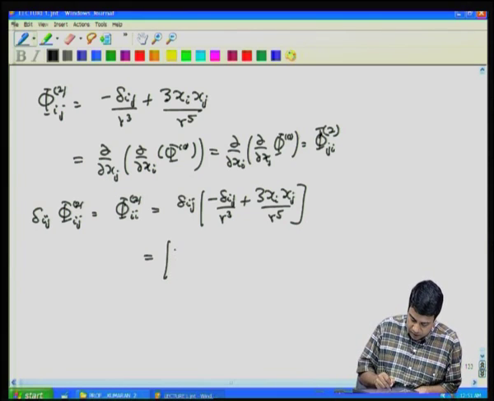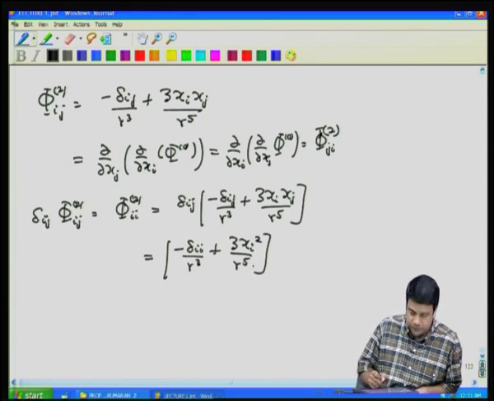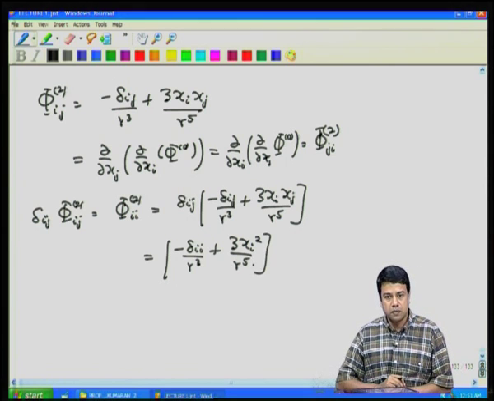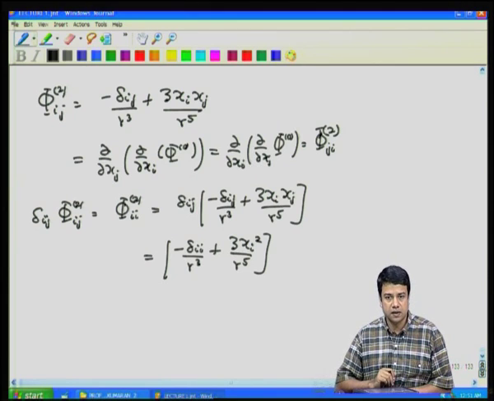So, this is equal to minus delta i i by r cubed plus 3 x i square by r power 5. What is delta i i equal to? It is equal to summation i is equal to 1 to 3 of delta i i. There is one summation, no unit vector because it is a repeated index. So, delta 1 1 plus delta 2 2 plus delta 3 3 is equal to 3.